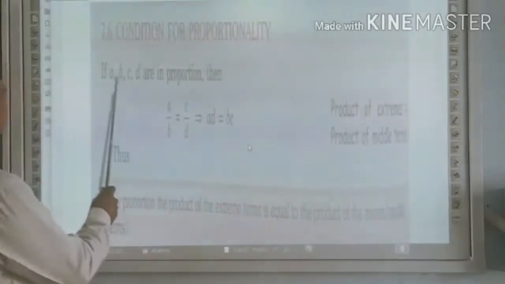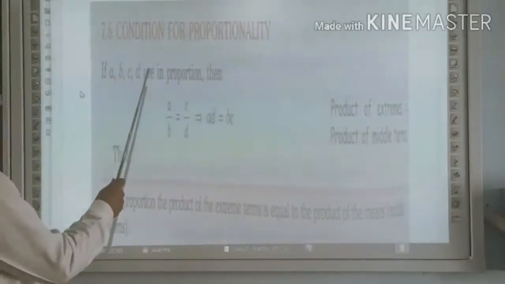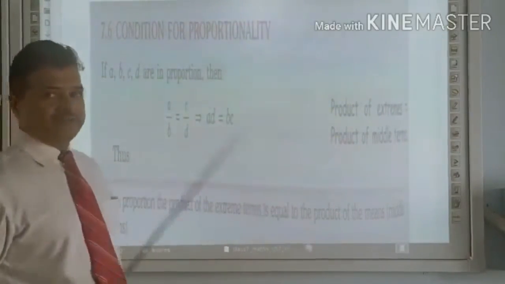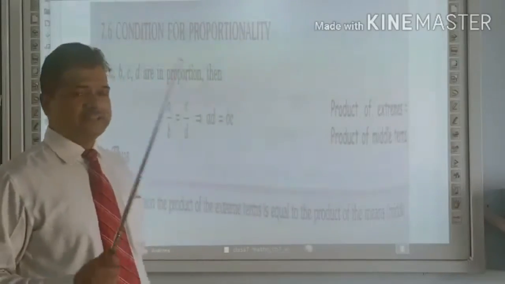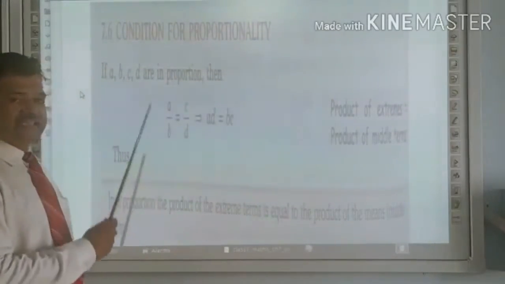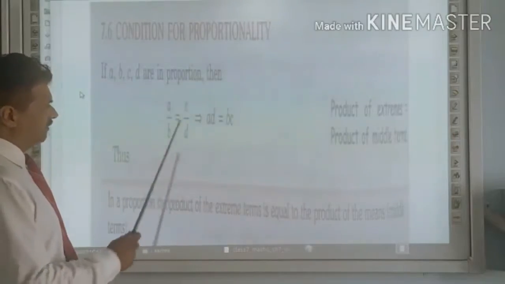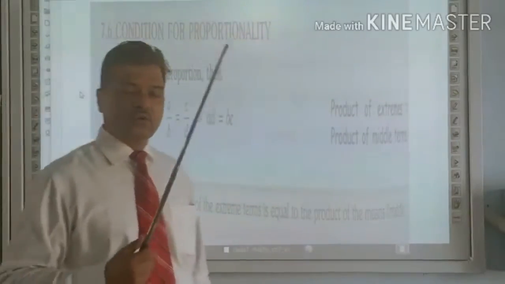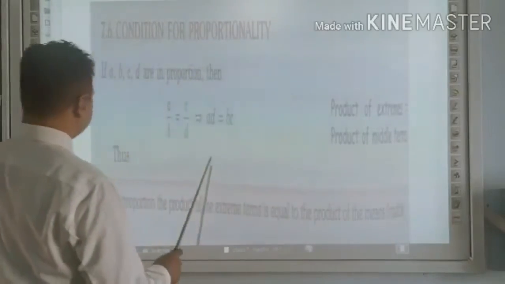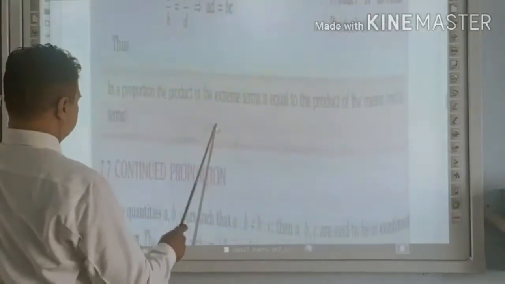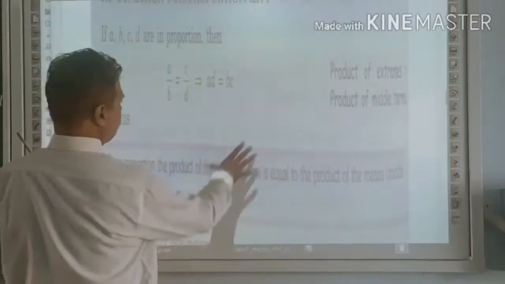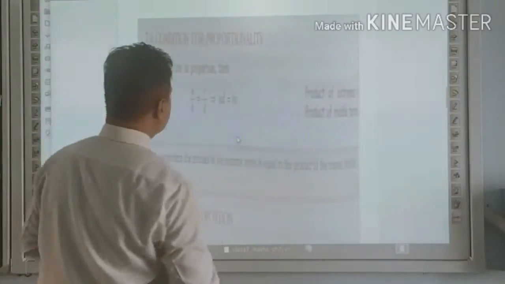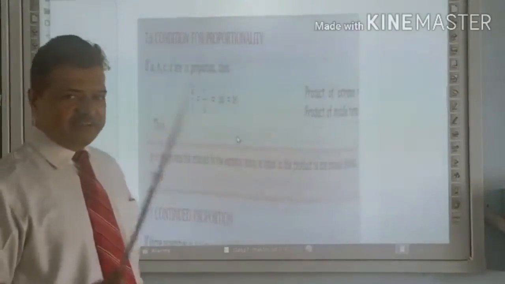Like if A, B, C, D are in proportion, then A upon B is equal to C upon D. Then we can say AD is equal to BC with cross multiplication. Once again I repeat it.